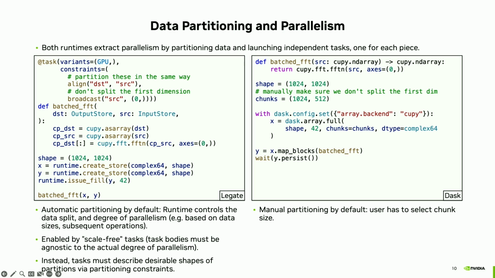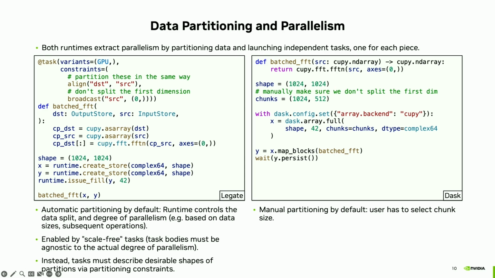Then the second constraint says that you can parallelize however you want, but you better make sure that the destination and source pieces align, so we're not reading the first half of the input and writing the second half of the output. And then the other one says that you can choose your partition according to whatever heuristics you're using, but you mustn't split the first dimension because I need to execute an FFT on that dimension, and I need each piece to have the complete dimension for that.